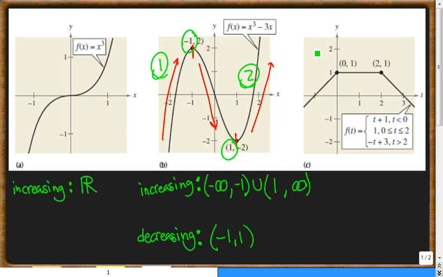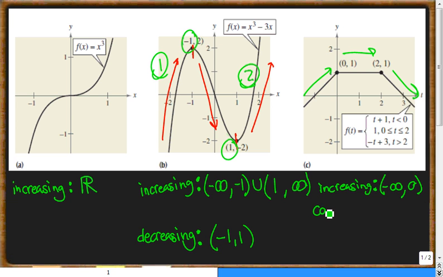Now for our last graph, this is a piecewise function. We can see that we are increasing, constant, and then decreasing. So for increasing, since we're starting all the way from the left, we say negative infinity, and it does this all the way until it gets to 0.